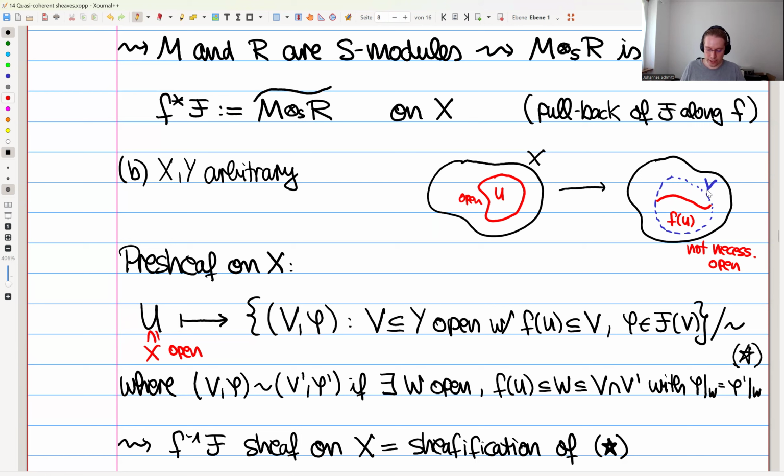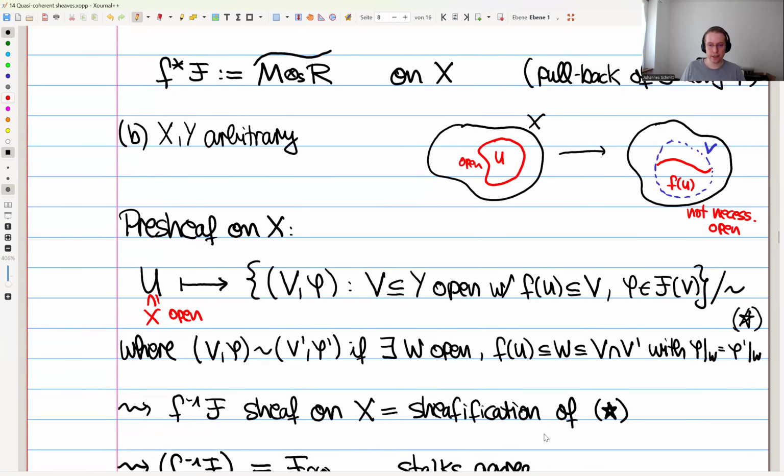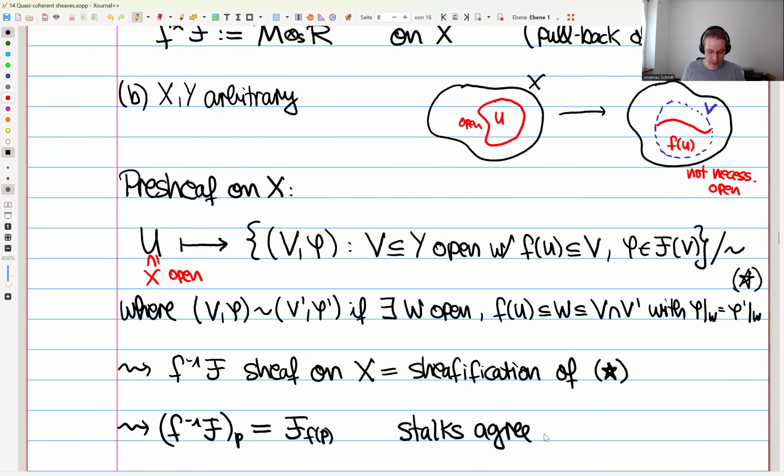So in other words, we just take again some limit of such open sets and sections, very similar to things which we have seen, for example, when we defined the stalk. And then you verify this is a presheaf on X, and then you get a sheaf just by taking the sheafification. So this is always necessary in these contexts. So we did get ourselves a sheaf, which we now denote by f inverse of F, not f star, but f inverse for now.